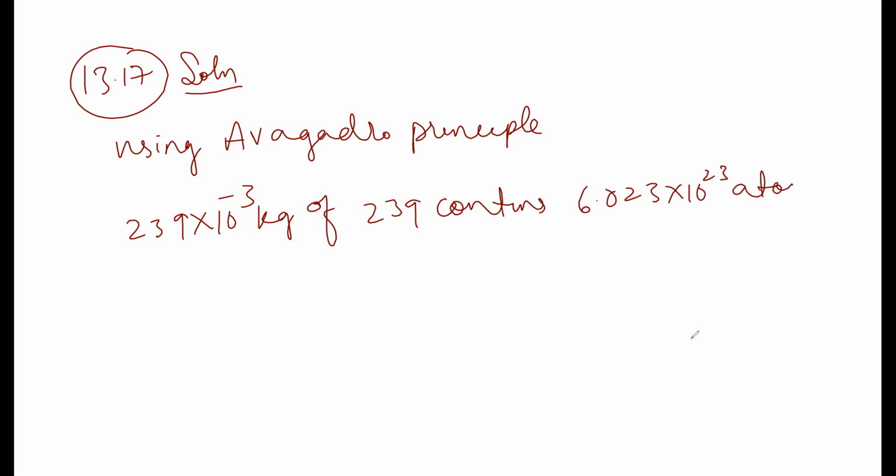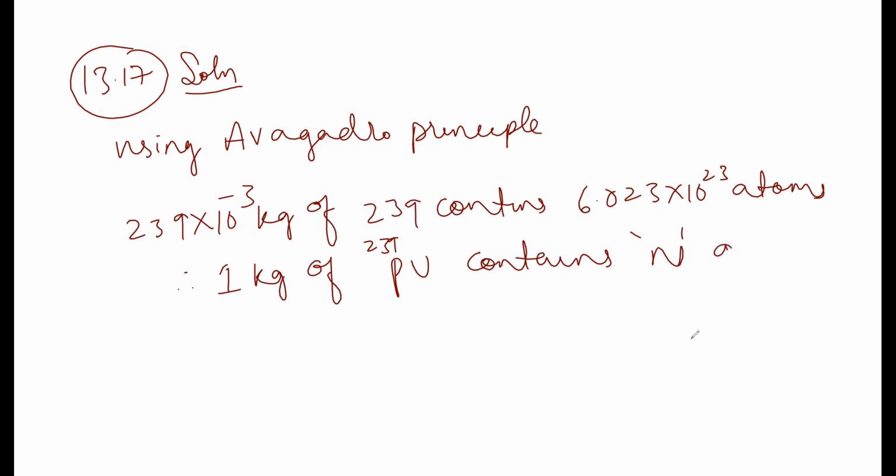So we have to calculate how many atoms 1 kg of plutonium-239 contains; we take that as n generally.